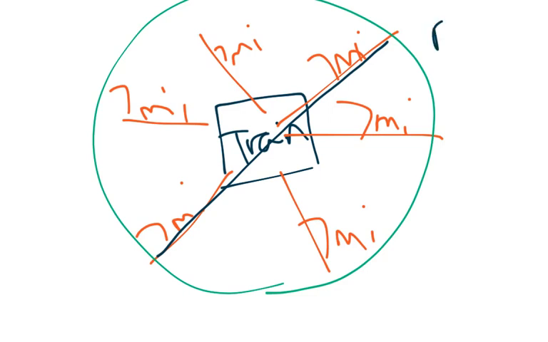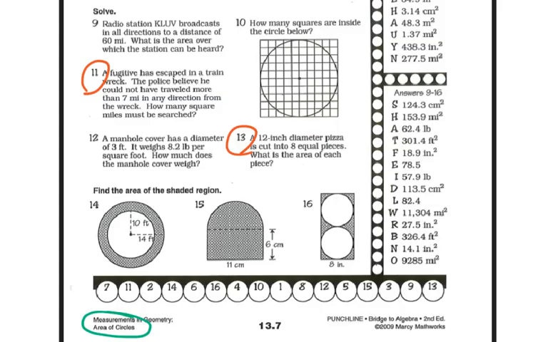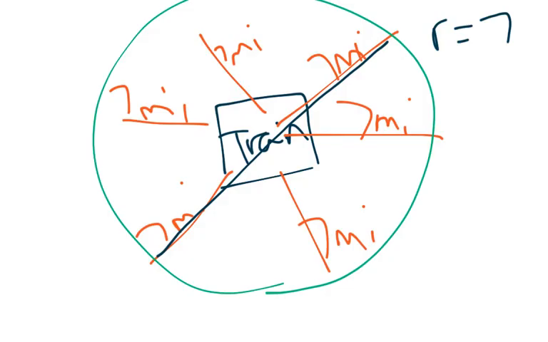So the radius would be 7. And to find the square miles, that's what they asked for, of course, because we're talking about miles. Whenever they ask for square miles, square miles written out like that, or miles squared, both are exactly the same thing.